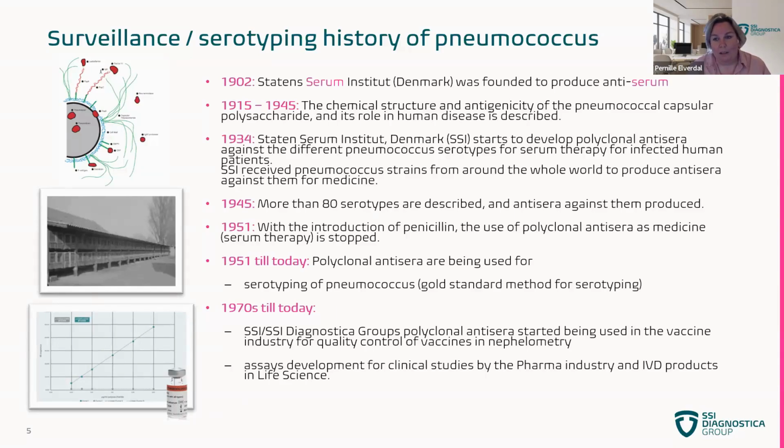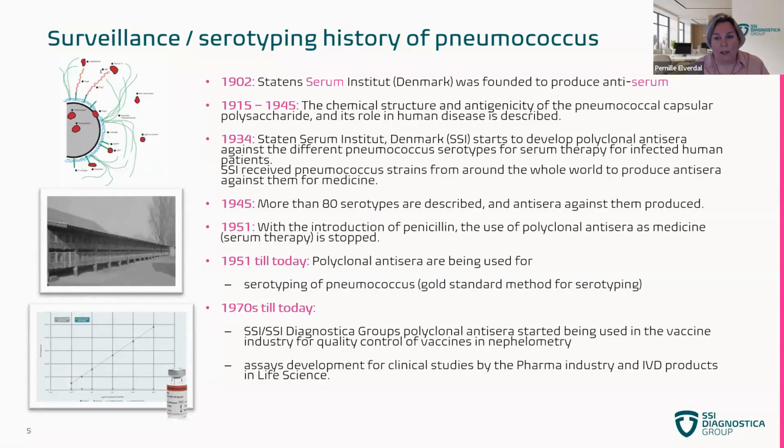From 1915 up to 1945, the structure and antigenicity of the pneumococcal capsule polysaccharide and its role in human diseases was fully described, so you had a good idea of what the bacteria looked like and how the genes were expressed in the bacteria.